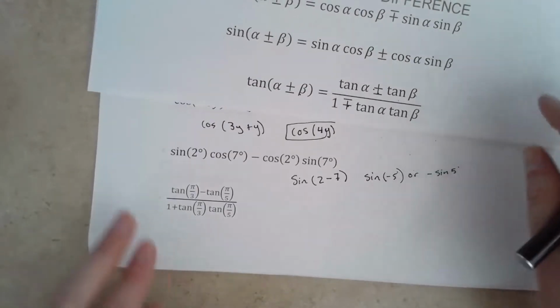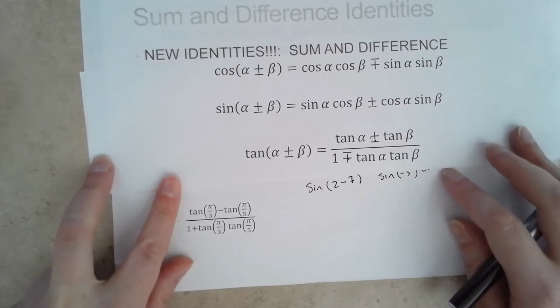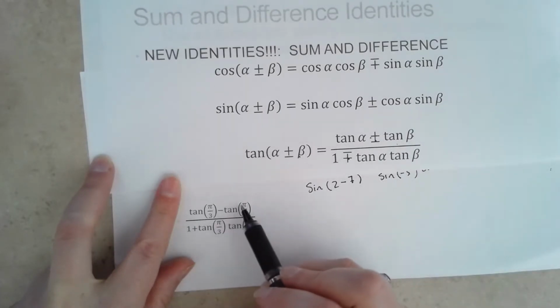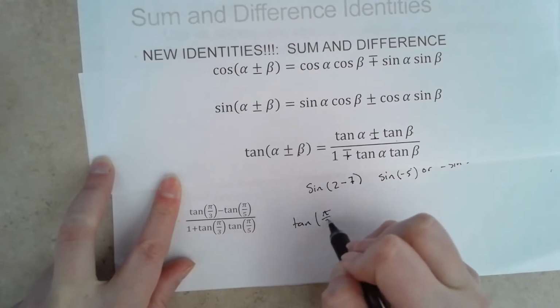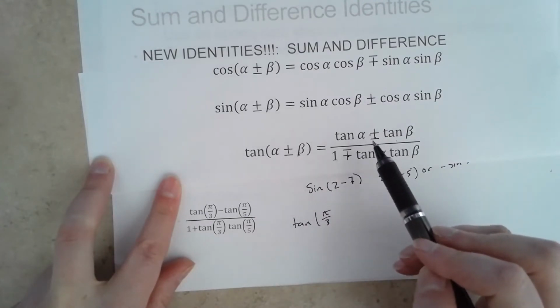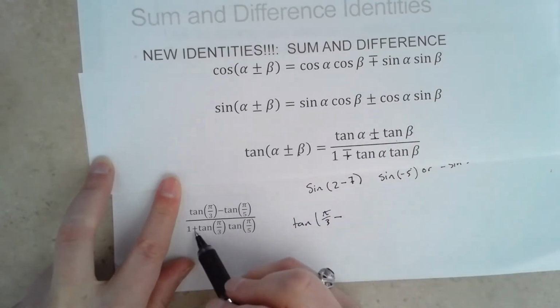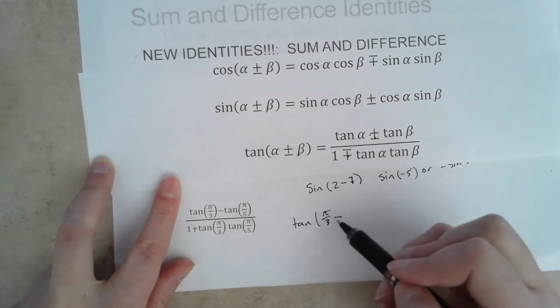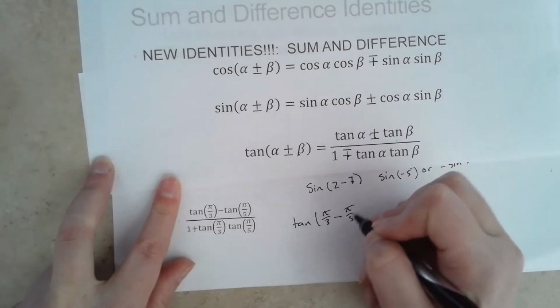Last one, tangent. So tangent, again we have our alpha, beta, so tangent, pi thirds, okay, plus minus, plus minus. So this is minus, it's going to stay minus. If you notice this one was plus, opposite, so it's still minus. Okay, pi fifths.